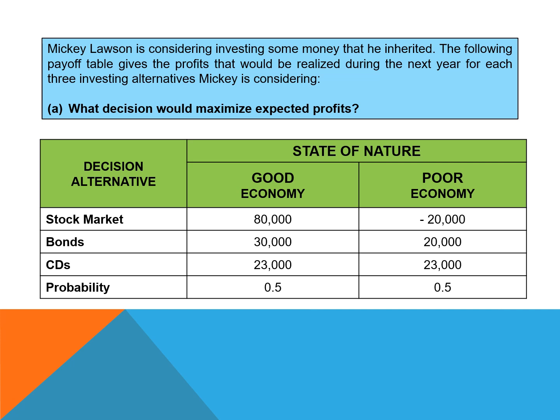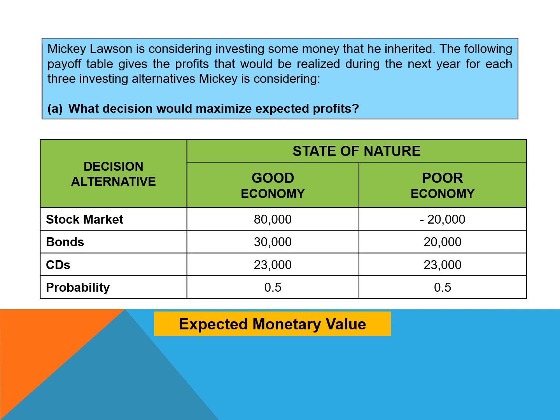So the keyword here is maximize expected profits. From that, masasabi natin na ang kailangan natin gamitin is yung expected monetary value. And under this model, we will make use of the probabilities. Kaya nga expected.